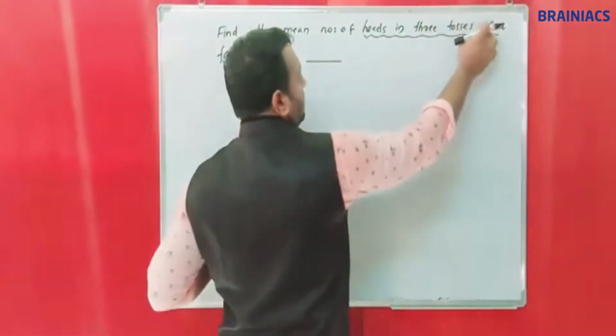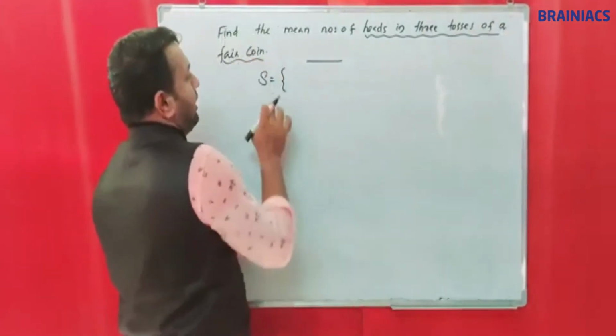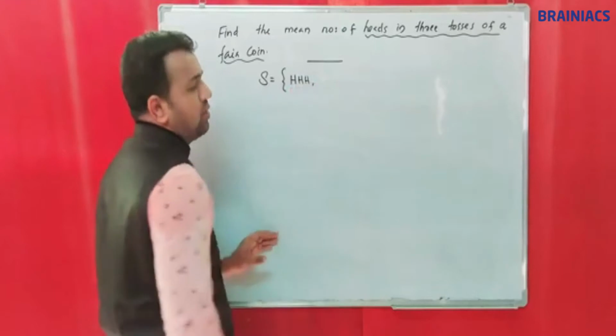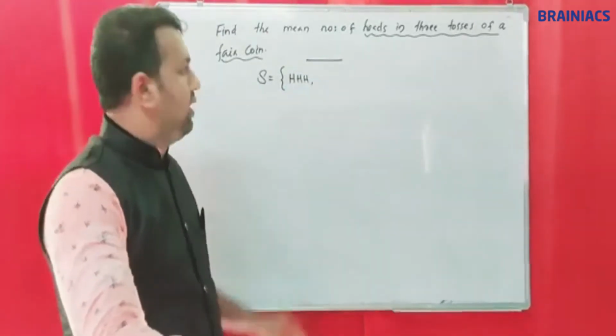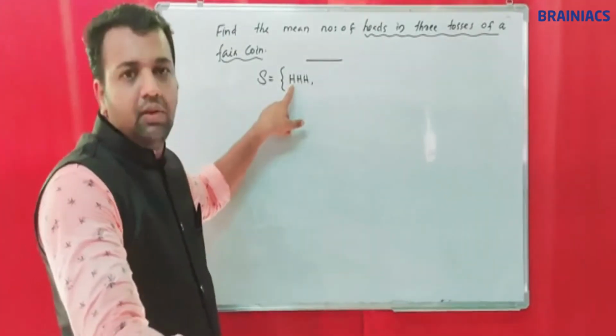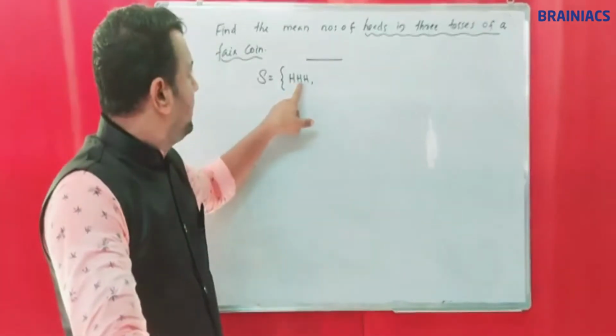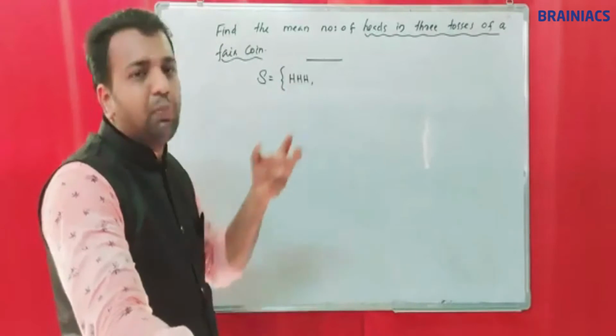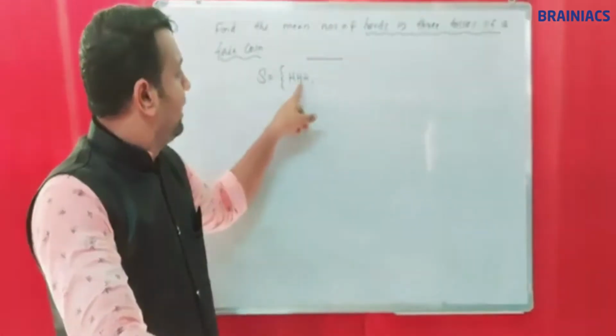So 3 tosses of a fair coin gives the sample space HHH. What do you mean by HHH? First toss gives head, second toss gives head, and third toss gives head. So it has a specific order: first, second, third.